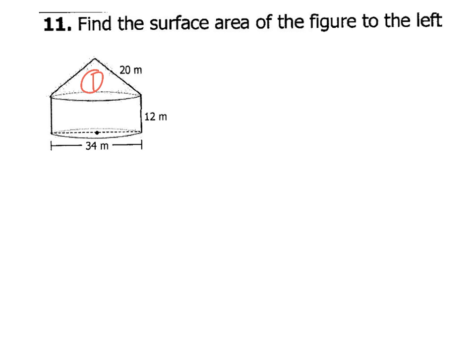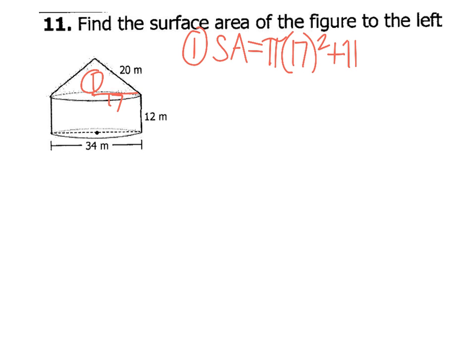So this cone on top will be figure 1, and we want to identify that the radius of this cone is going to be half of 34, so it's going to be 17. Then we want to find the surface area. In order to find the surface area of a cone, we're going to use the formula pi times radius, which is 17 squared, plus pi times radius times our slant height, which we're given is 20.